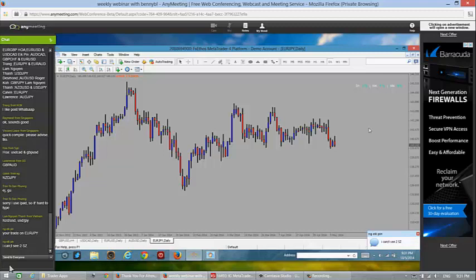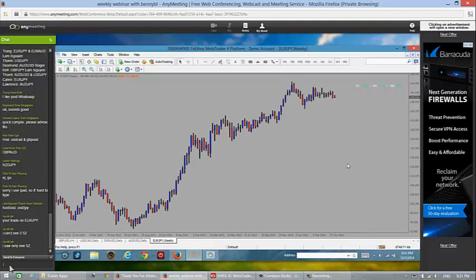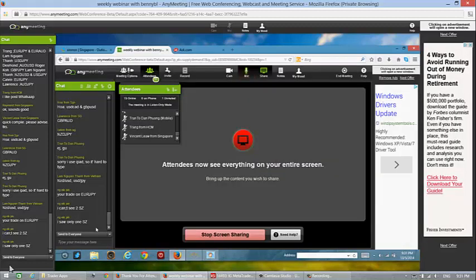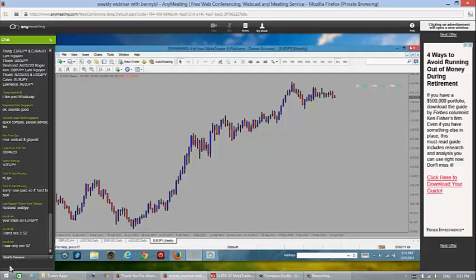You can't see the supply zone. You mean on the where? You only see one supply zone, and what happened? I can't see two supply zones. Let me see my chart that I posted.